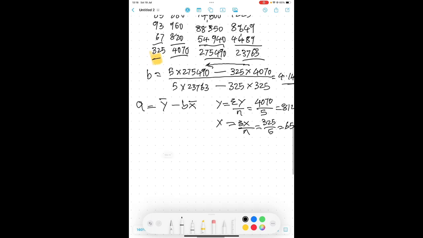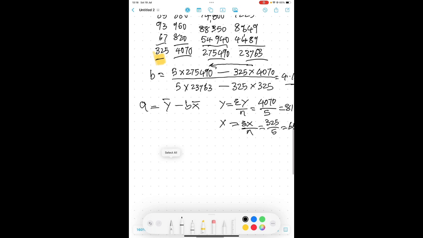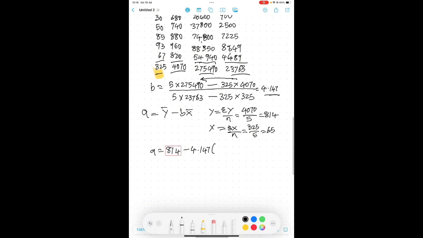So we can insert into the formula now to calculate for A. Therefore, A is equal to y bar, which is 814, minus B, which we've calculated before as 4.147, into x bar. I'm just inserting the values into this formula to calculate A. So x bar becomes 65.